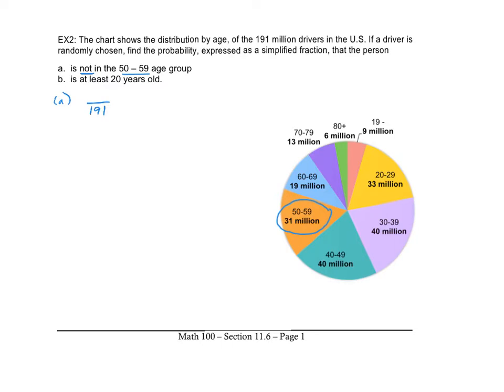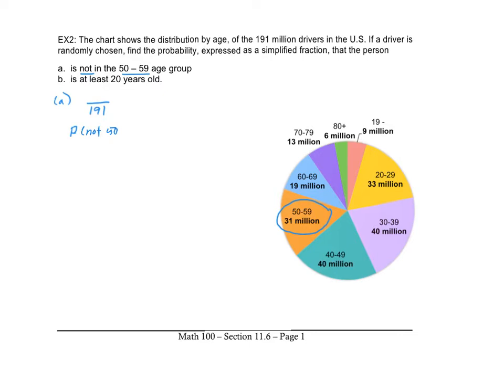My option is to add up all the other millions, or I can use the formula that this would be 1 minus the probability that we are in the 50 to 59 age group.